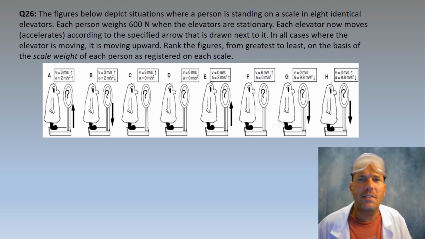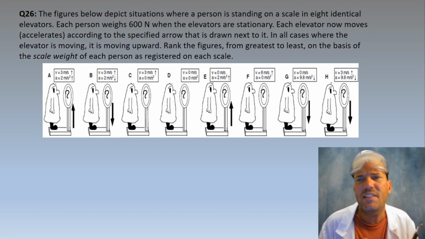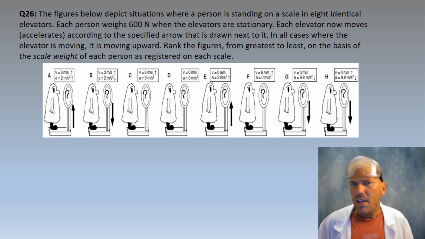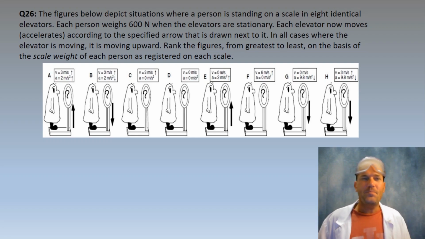Question 26. All right, another elevator. The figures below depict situations where a person is standing on a scale in 8 identical elevators. Each person has a weight of 600 newtons, so their mass is 60 kilograms, and elevators are stationary.